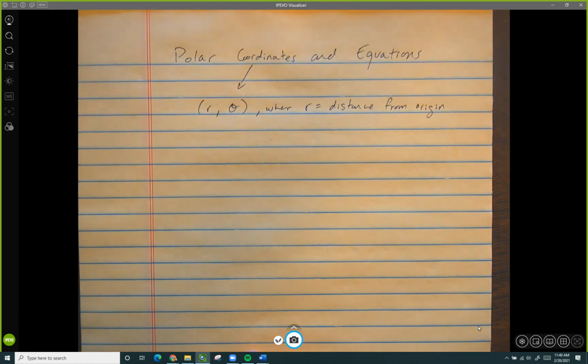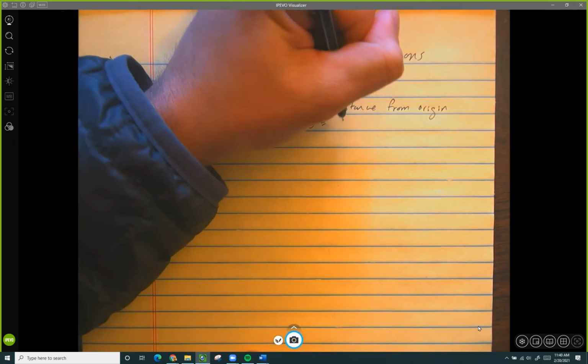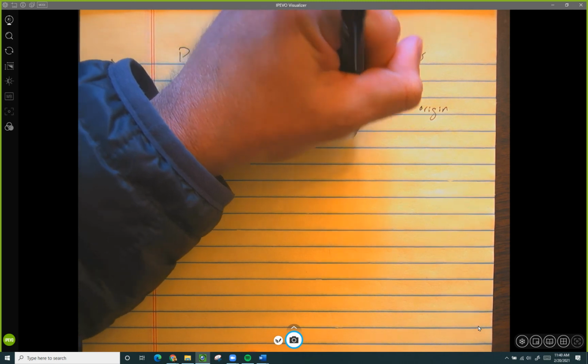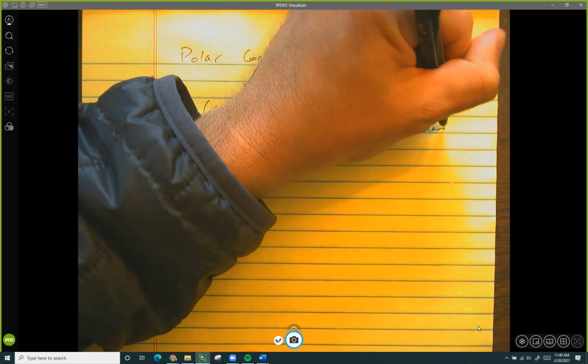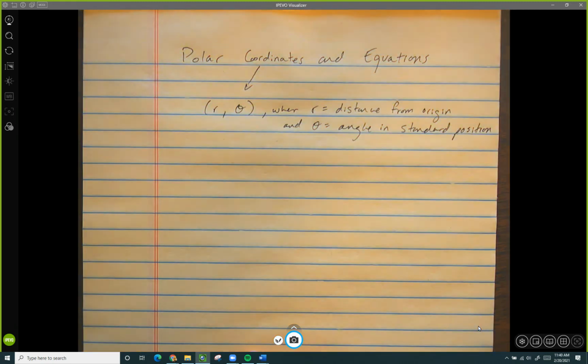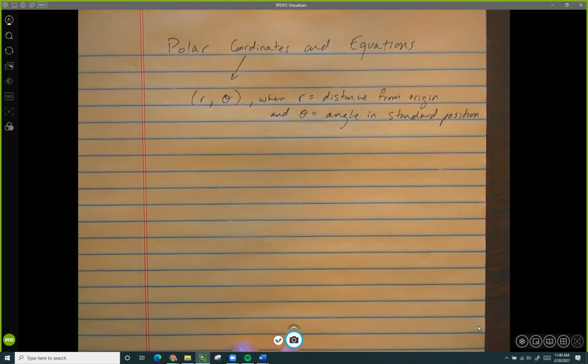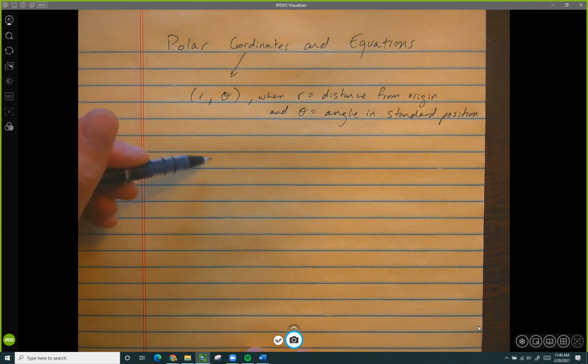So think radius, distance from origin. And theta equals angle in standard position. So let's just draw a random spot here.